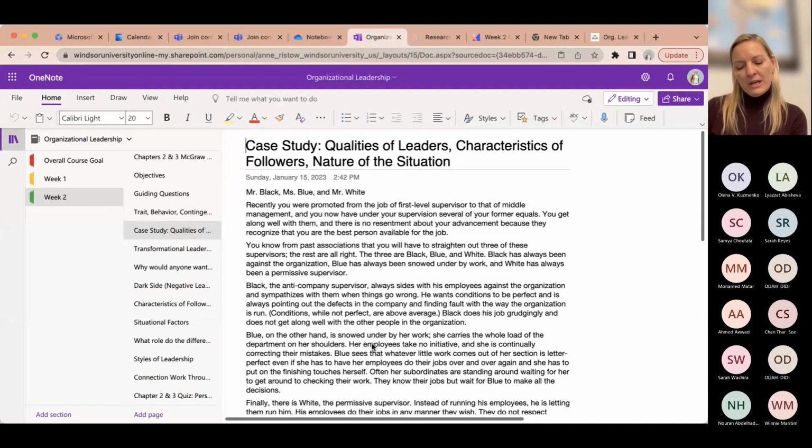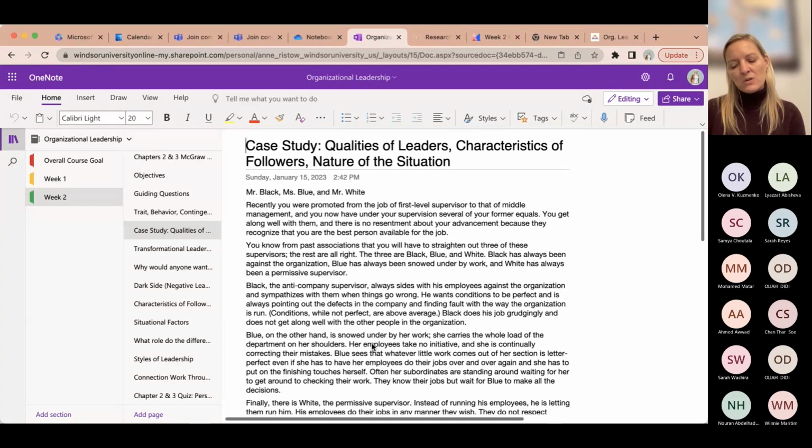I noticed right away that several of these people were your former equals. So you're being promoted, and you're going to now be overseeing people who recognize your behaviors and traits as a leader, and then also maybe know your shortcomings.